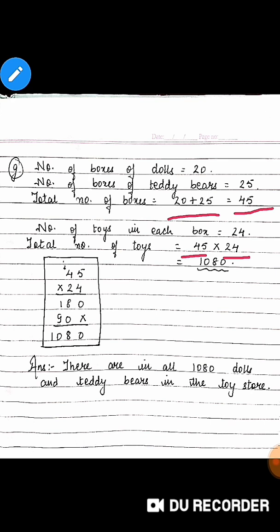Because if one box has 24 toys, so 45 boxes will have 45 into 24 toys, which is 1080 toys. So the total number of toys in the toy store is 1080, including dolls and teddy bears.